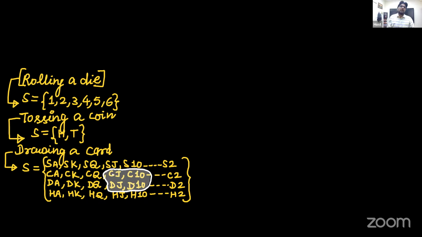Today we started understanding what probability is. Probability is the chance of occurrence of something. What is the chance that it will rain today?